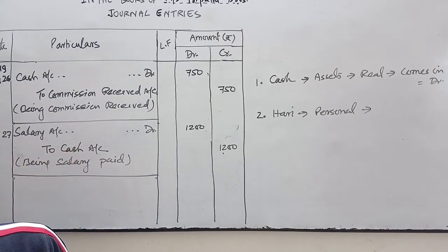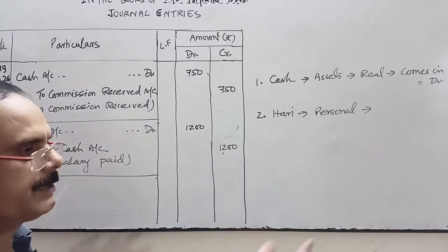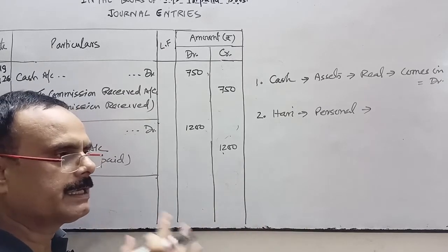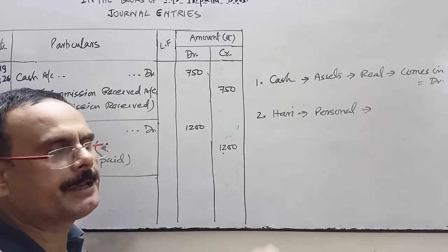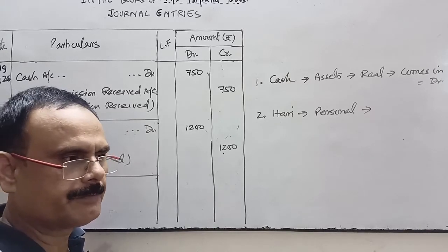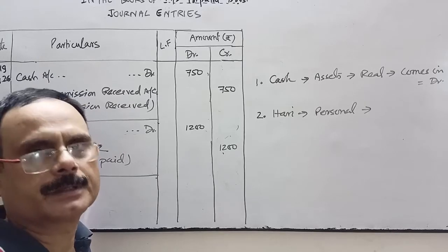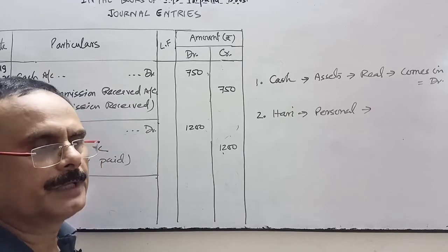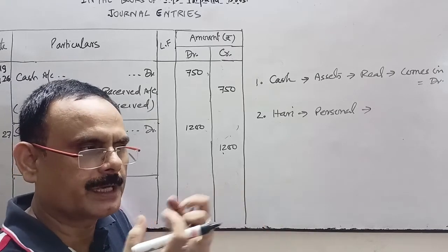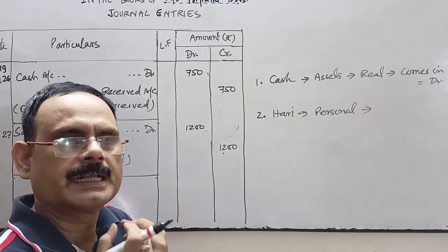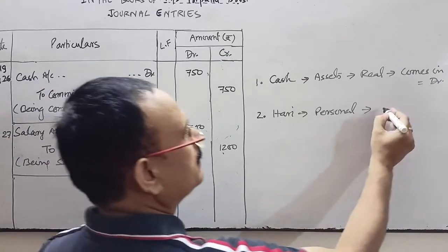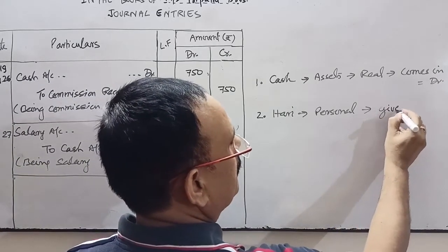So when the business received the cash from Hari, is Hari the receiver or the giver? Business has received cash from Hari. So Hari is the receiver of the cash or the giver of the cash? He is the giver.